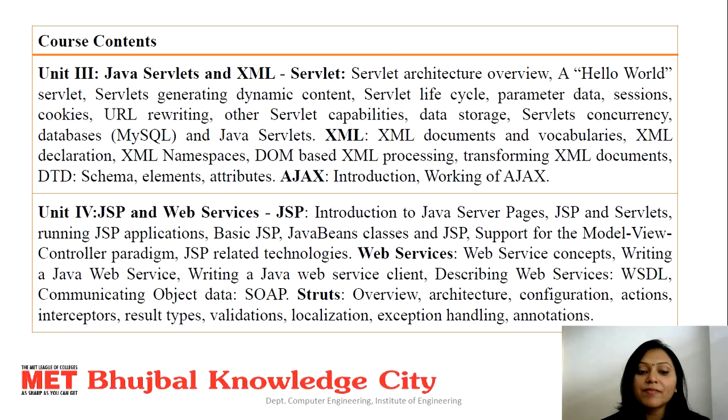Then in web services, we will see the concept of web service, writing a Java web service, writing a Java web service client, describing web services, WSDL, communicating object data like SOAP. Then we'll see Struts: overview of Struts, architecture of Struts, configuration, actions, interceptors, result types, validation, localization, exception handling, and annotations.